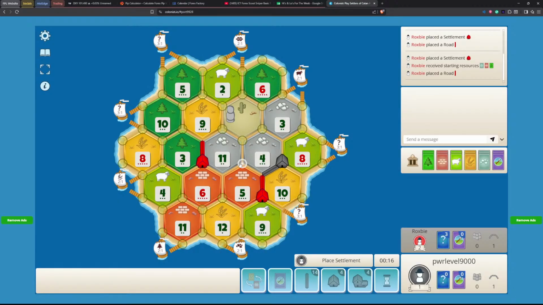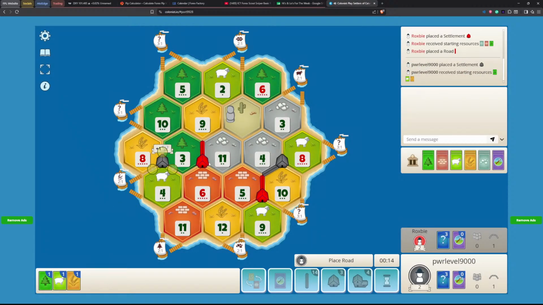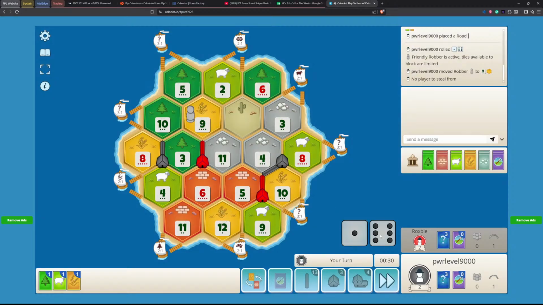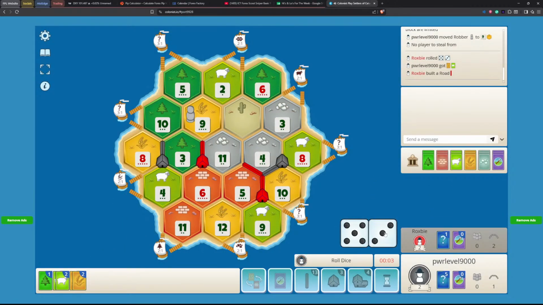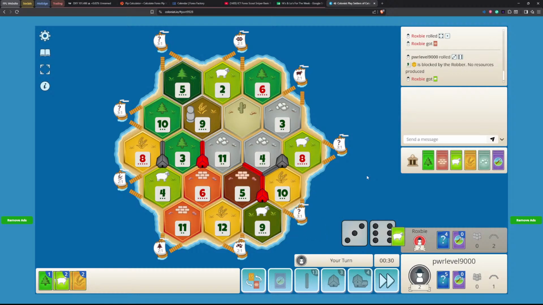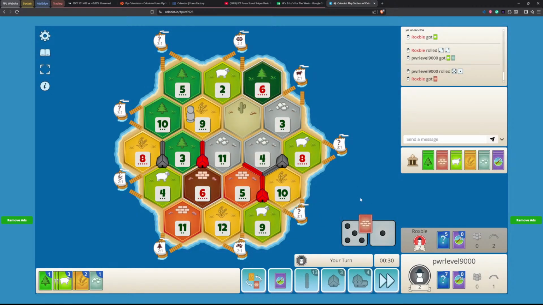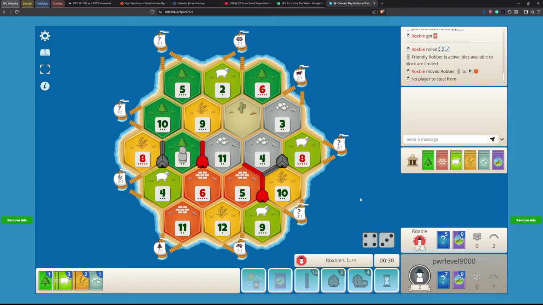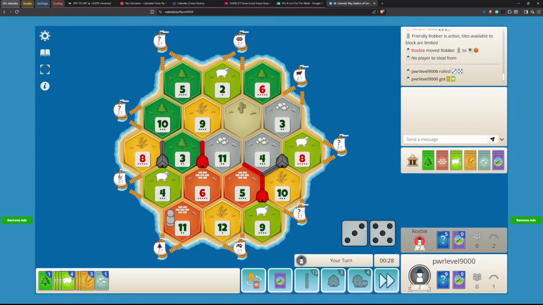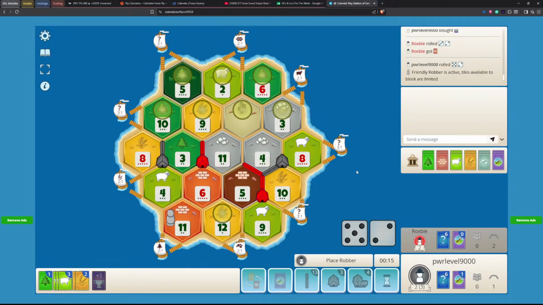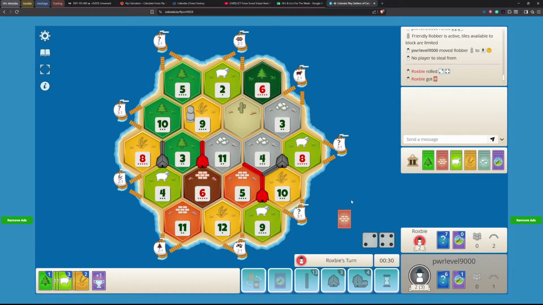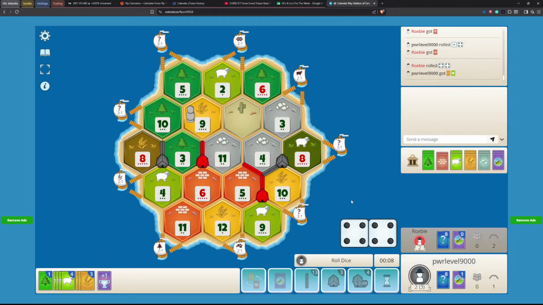I can go here, block him off, double up my coal. But sheep wheat is weak. I think we have to double up on this. Kind of have to get this. Is that 11 twice?